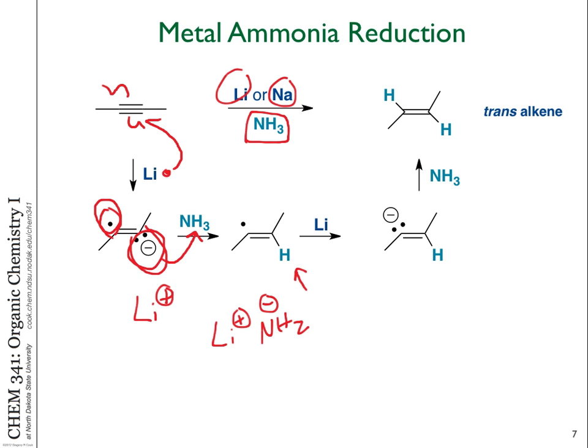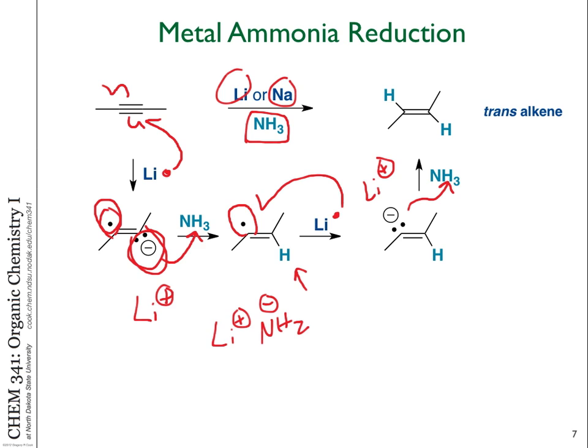Then we need a second lithium metal or sodium metal because look, we're left with a lone pair, reactive free radical. And once you generate that, an electron will quickly transfer from lithium to form again a carbanion. Okay, which grabs another proton from ammonia to generate the final product.